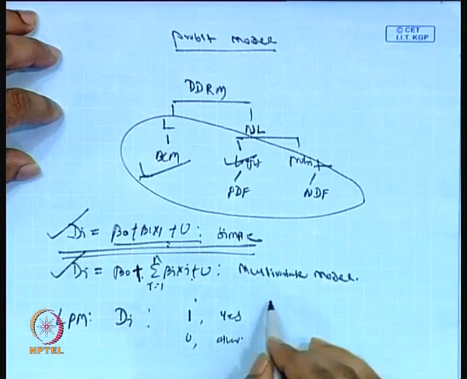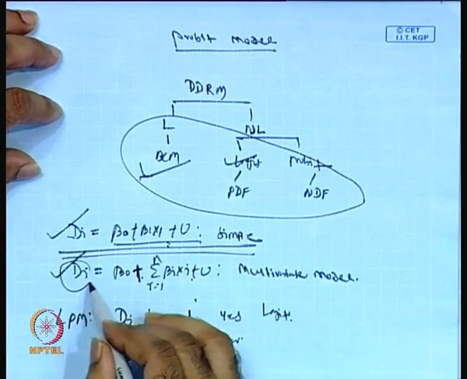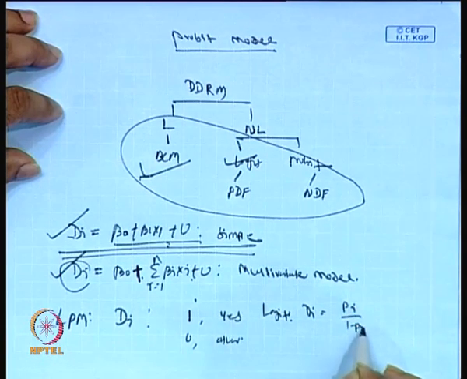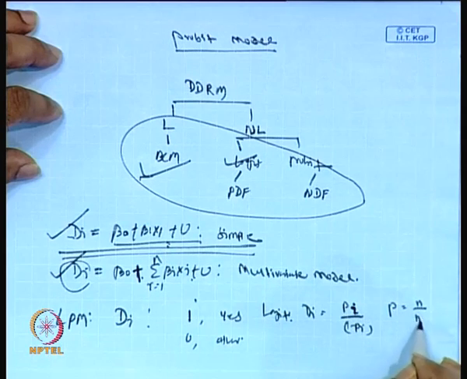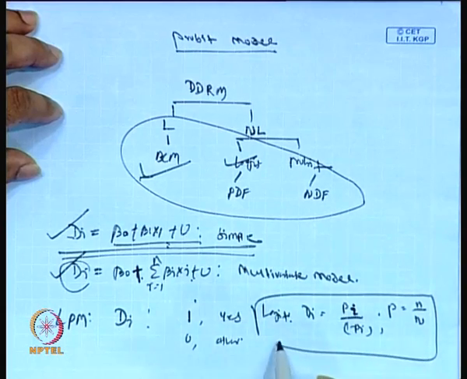So in the case of the Logit model, this di is represented as pi by 1 minus pi, where p is represented as n by N. This is how we have to add the constant in the case of the Logit model, because if you apply the 0 1 structure in this Logit model, it will give you an inconsistent setup.